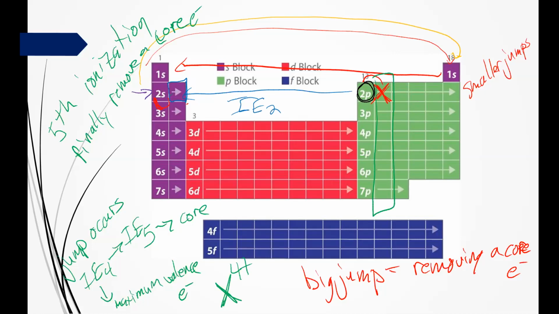So if you have a jump and that jump is going to occur between IE2 and IE3, how many valence electrons do we have?